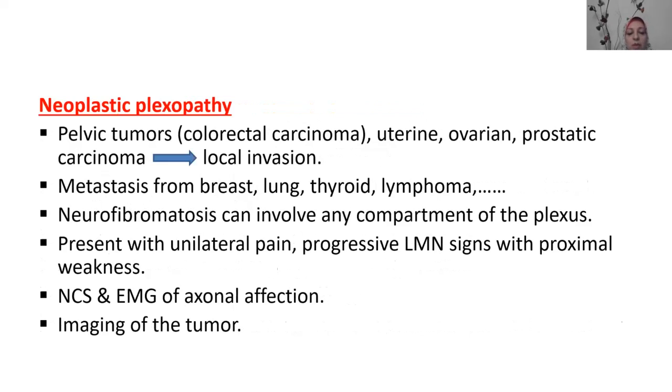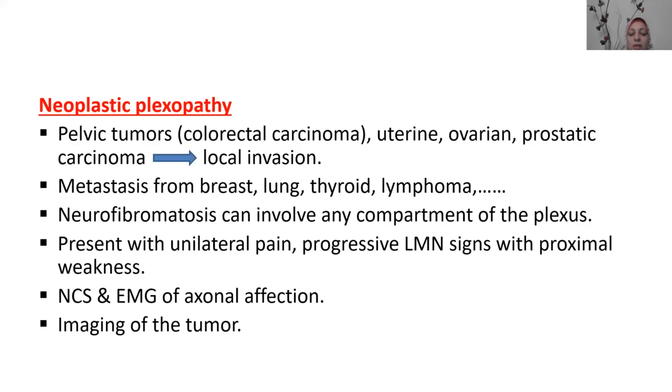Neoplastic plexopathy, like pelvic tumors of organs like colorectal carcinoma, uterine carcinoma, ovarian, and prostatic carcinoma, may cause local invasion of the plexus. Metastasis from other organs like breast cancer, lung, and so on. Also, neurofibromatosis can involve any part of the plexus.